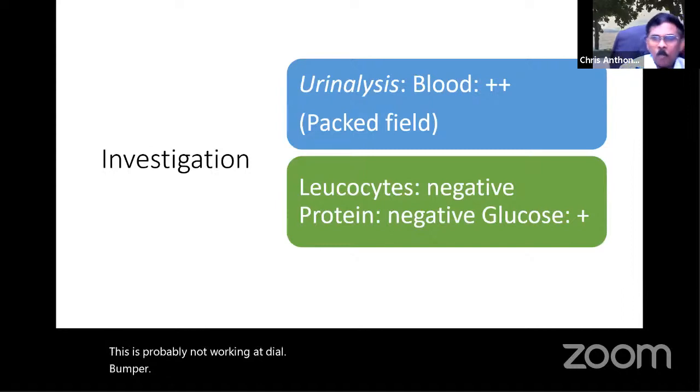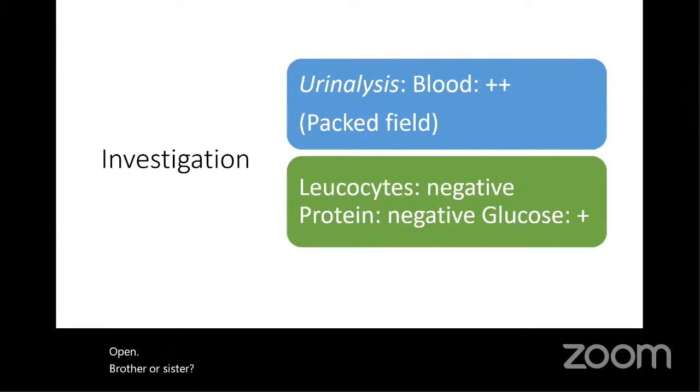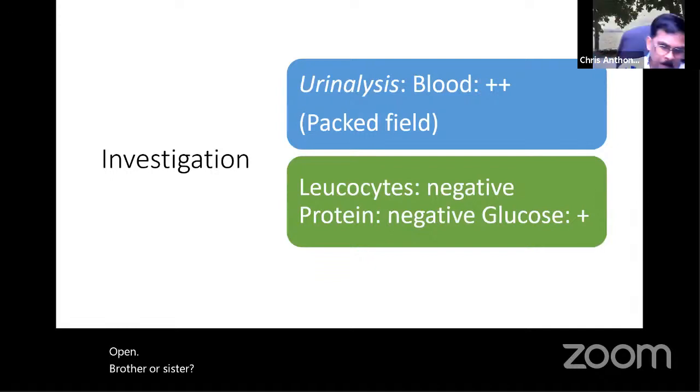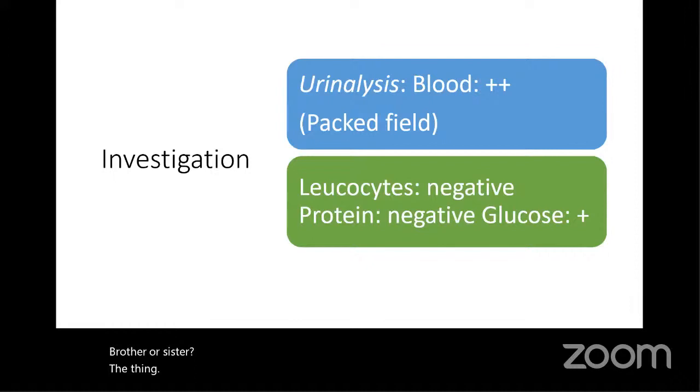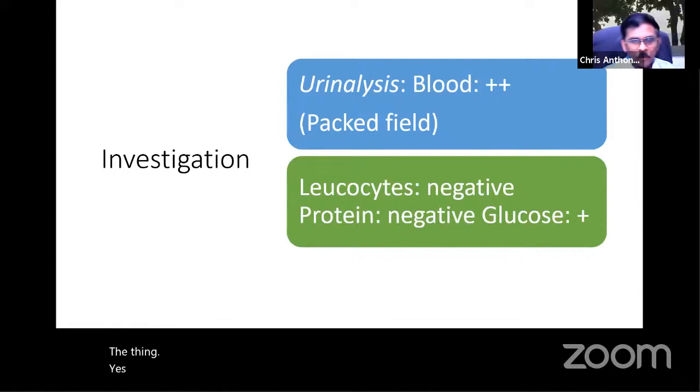And the glucose, protein negative, glucose is positive. What's the implication, the significance of this positive glucose? Japsim, is it in relation to his diabetes? Yes, okay, he's a diabetic, so you are not very surprised.